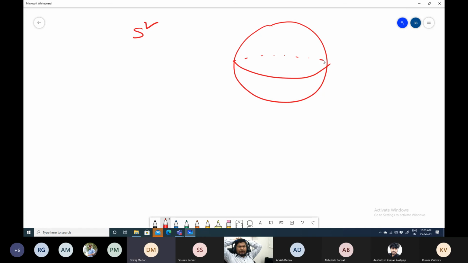No, it is not R cube, not homotopic, that is a different thing. R cube minus origin will retract to S square. No, that is a different thing.